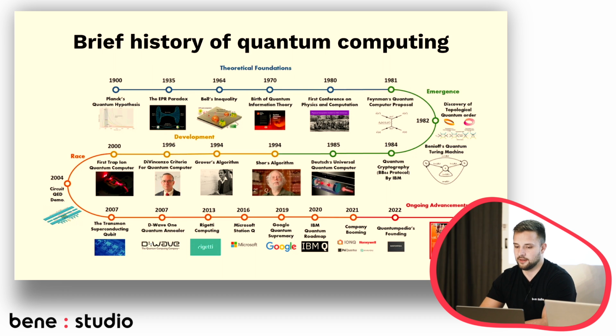And in 1982, Paul Benioff, a physicist, published a paper describing a quantum mechanical model of a Turing machine. This model, known as a quantum Turing machine, laid the groundwork for quantum computing models by demonstrating that quantum mechanical principles.